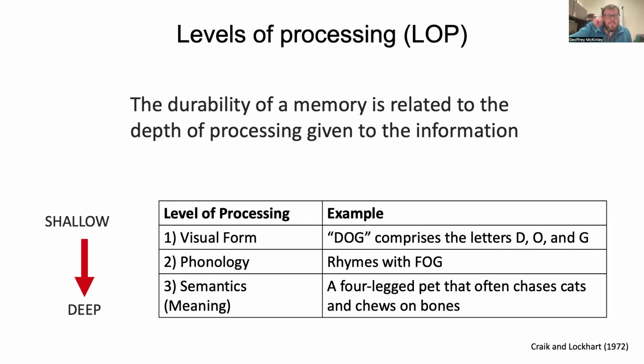So even though you don't have to access the meaning, you at least have to access the sound, right? And then we could ask a deeper level of processing, like the semantics or meaning. So, a four-legged pet that often chases cats and chews on bones. That would be a way of processing the word dog in a deeper way, right?